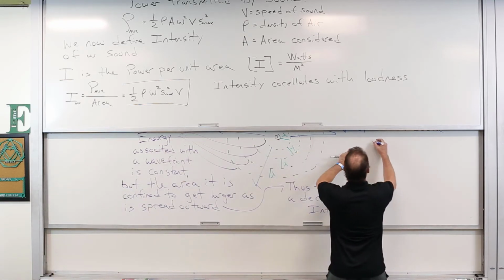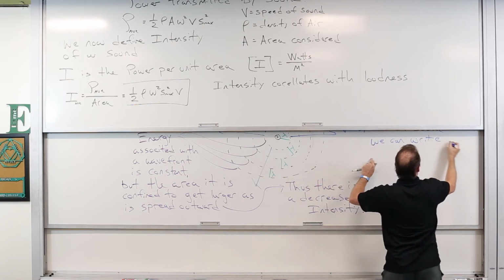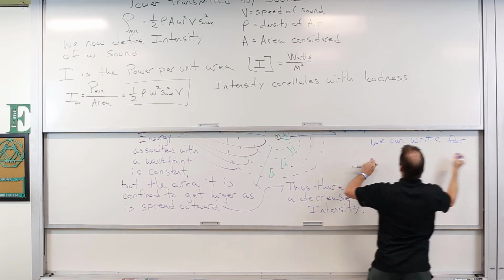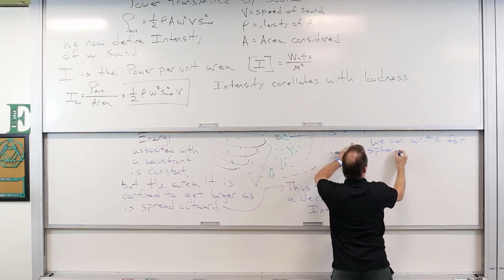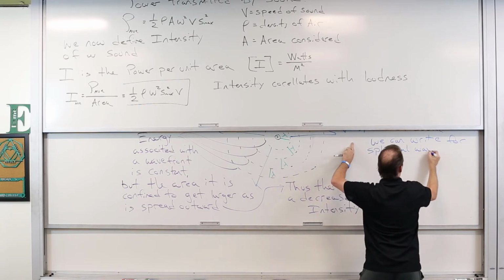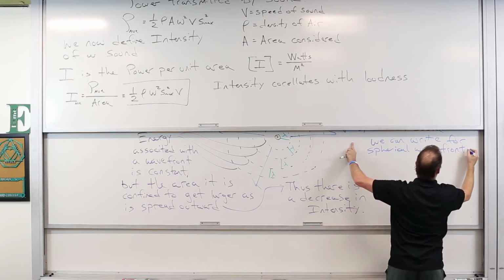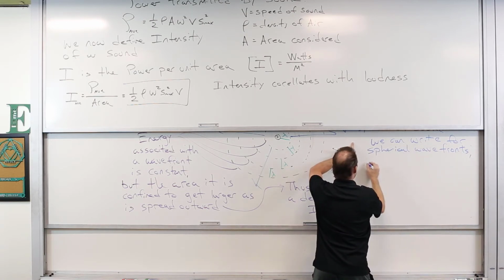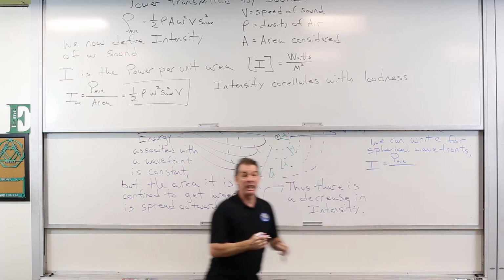So we can write, for spherical waves, spherical wave fronts, intensity is equal to average power divided by the area of a sphere.